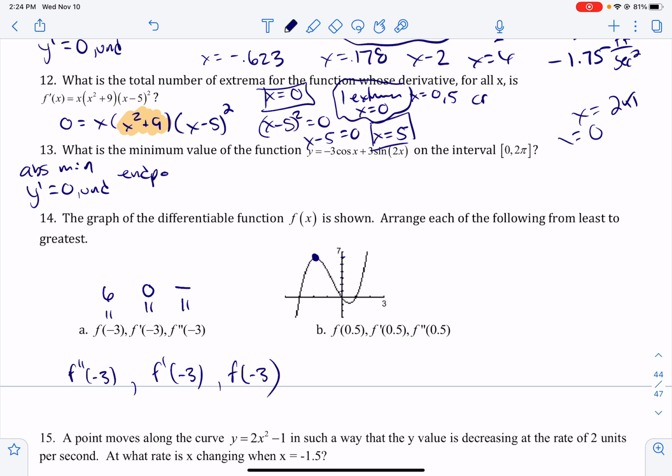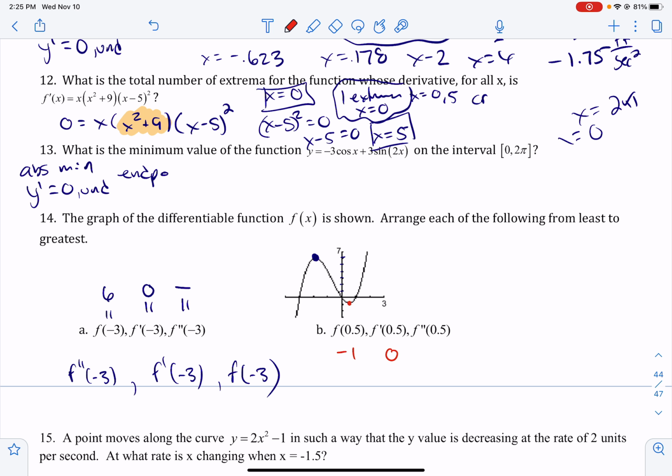So let's do the same thing for part B. B says f of 0.5, which is right about here. So f of 0.5, that value, let's call that negative 1. Maybe not quite 1, maybe it's 3/4, but it's close. F prime, my slope right there, again, my slope is 0 because that's a minimum. And my second derivative, this time I'm concave up.